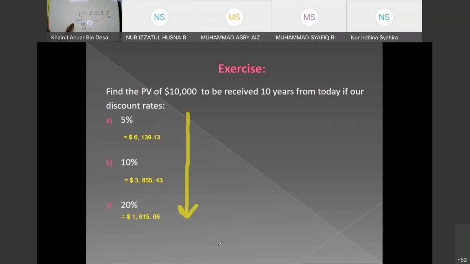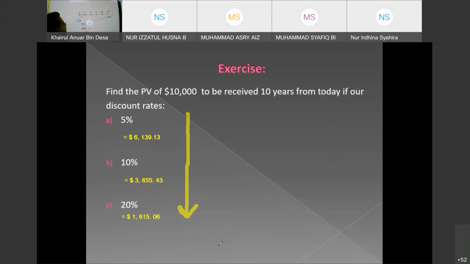Alright, okay. Dengan kadar 10%. Tapi kalau kadar faedahnya 20%, kita cuma letak satu nilai yang lebih kecil di sini, iaitu 1.6K. Okay, boleh nampak di sini? Ini kesimpulan yang kita boleh buat lah.